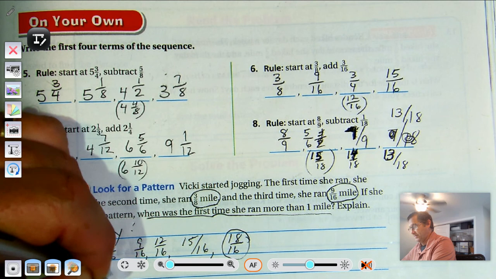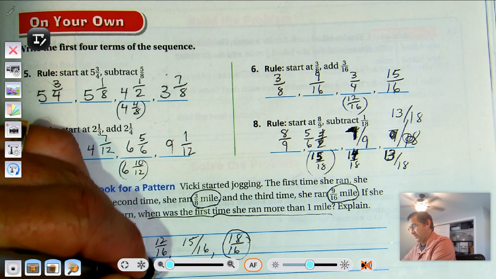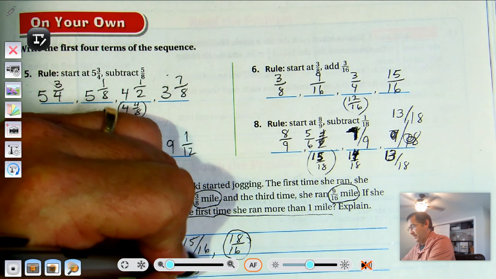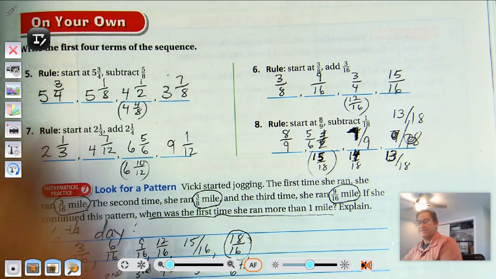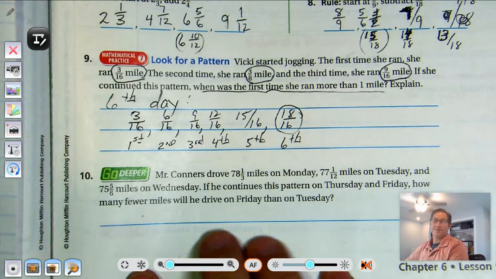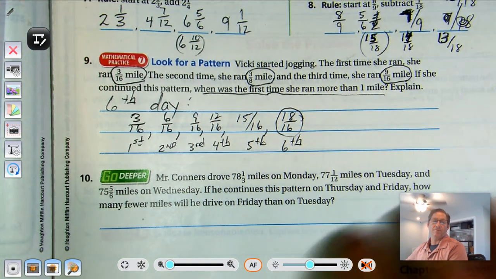First, second, third, fourth, fifth, sixth. So on the 6th day, she ran more than a mile.